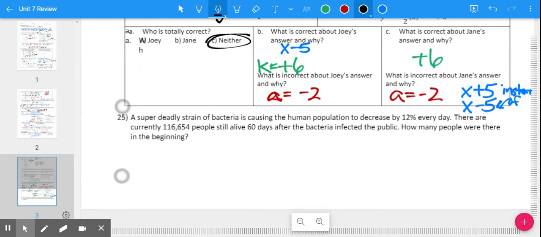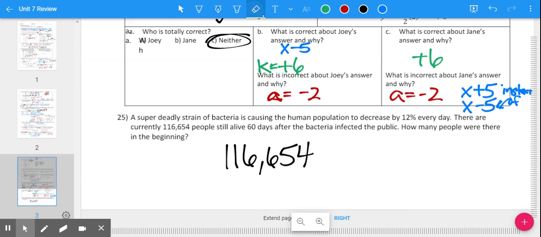The last one: a super deadly strain of bacteria is causing the human population to decrease by 12% each year. There are currently 1,116,654 people still alive 60 days after the bacterial infection infected the public. How many people were there in the beginning?